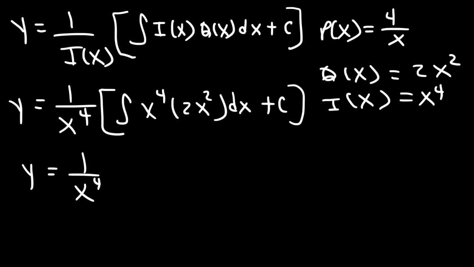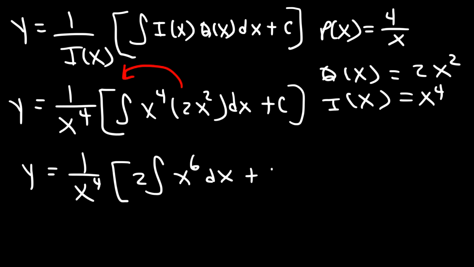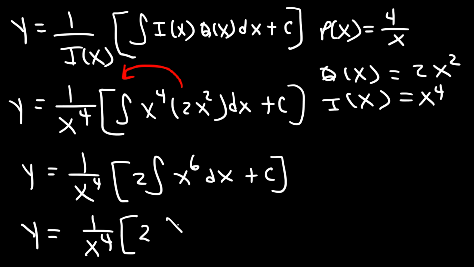Let's move the 2 to the front. And x to the 4th times x squared is going to be x to the 6th power. Now the antiderivative of x to the 6th is going to be x to the 7th over 7. Now finally, let's distribute 1 over x to the 4th.